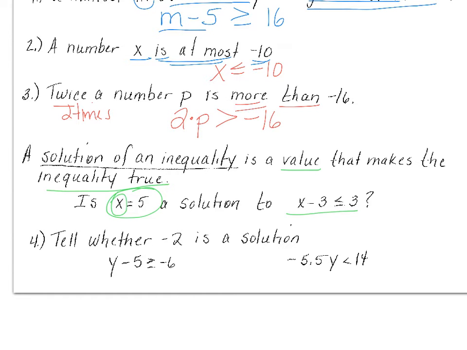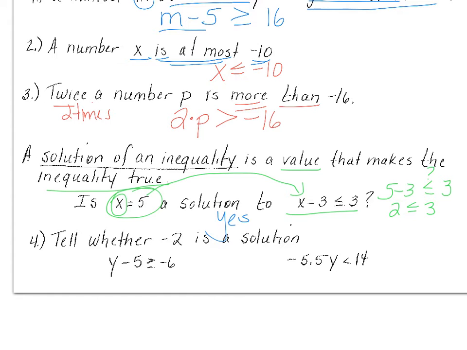We're going to take that 5 and we're going to replace x with it and see if it's true. 5 minus 3. Is that less than or equal to 3? Well, 5 minus 3 is 2. Is 2 less than or equal to 3? It sure is, so yes, it's a solution.